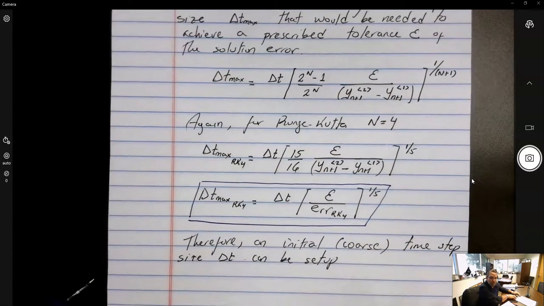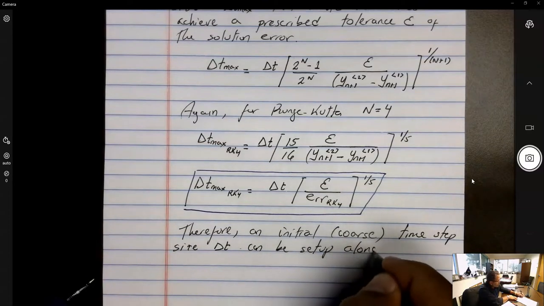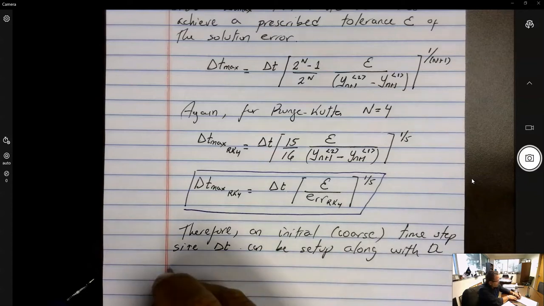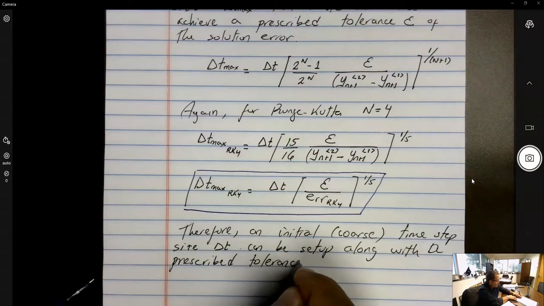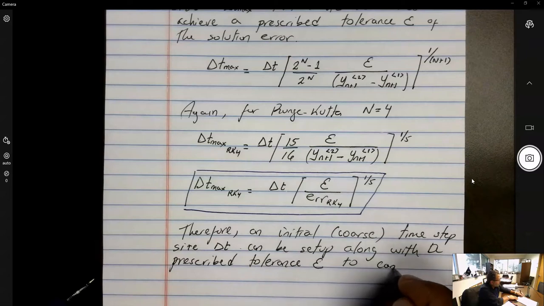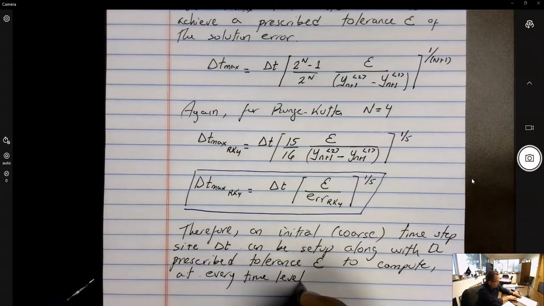So you can set up your algorithm with a coarse value of delta t that doesn't have to be refined, along with a prescribed tolerance epsilon, to compute at every time level if adaptation is required.